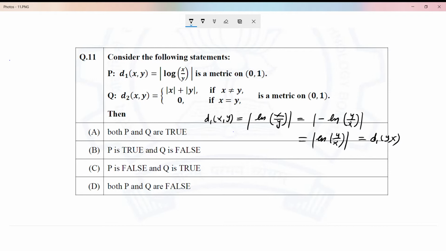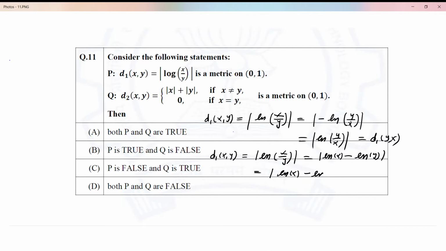Now the fourth property is the triangle inequality. For this we consider d1 of x, y, which is modulus ln x by y. We can write ln x minus ln y. We can add and subtract ln z: ln x minus ln z plus ln z minus ln y.